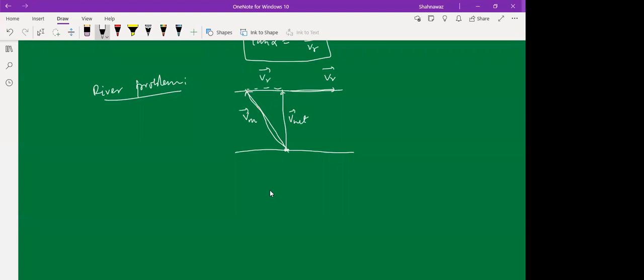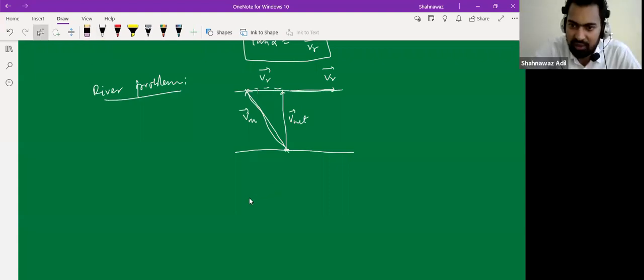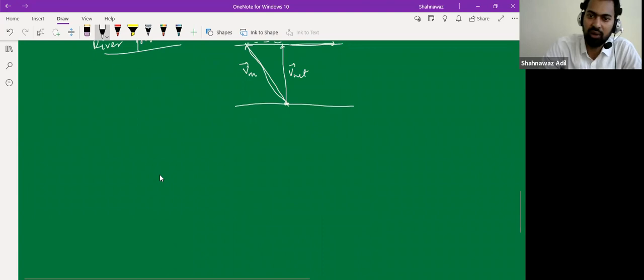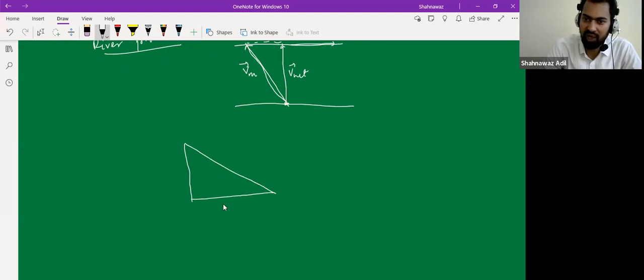Now let's remember one trick that is very useful, one right angle property. You have this base as 3 and the perpendicular as 4, so the hypotenuse will be 5.